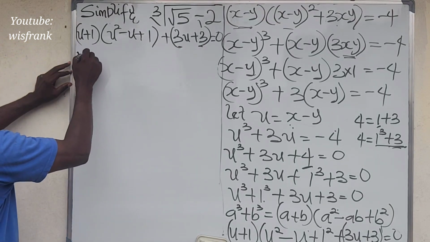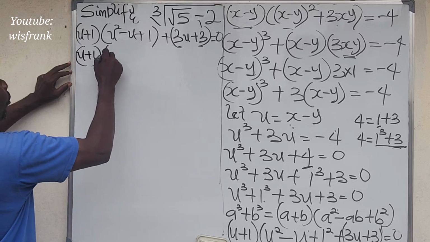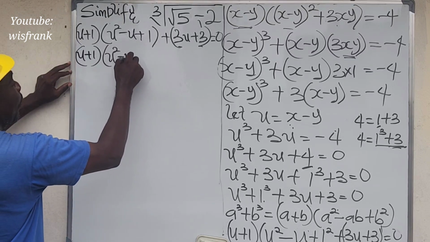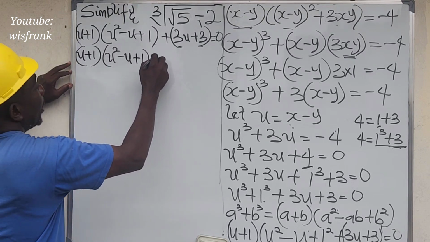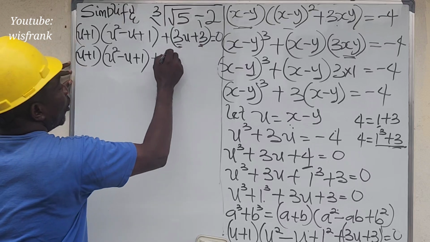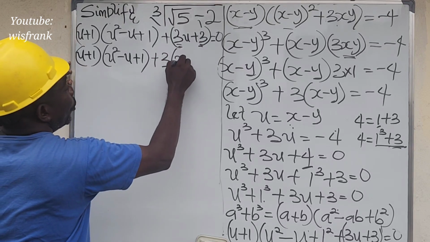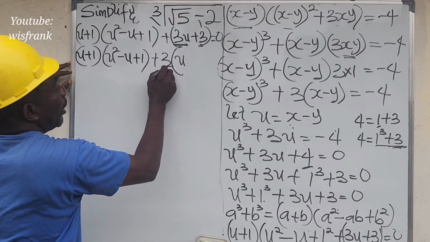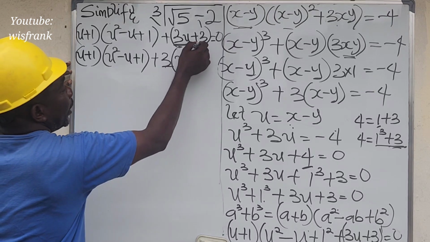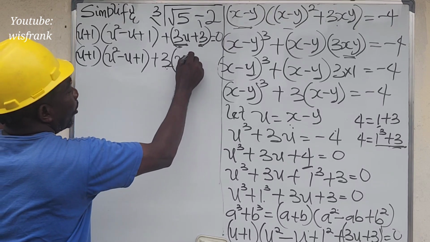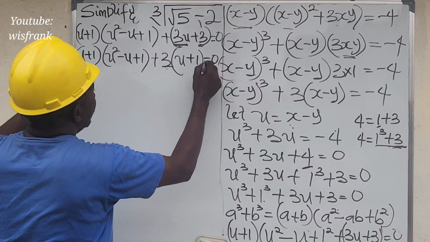So we have u plus 1 into u to the power of 2 minus u plus 1. Then we have plus 3 here is common. 3 into u. 3u divided by 3 gives us u. Then 3 divided by 3 gives us plus 1 all equals to 0.